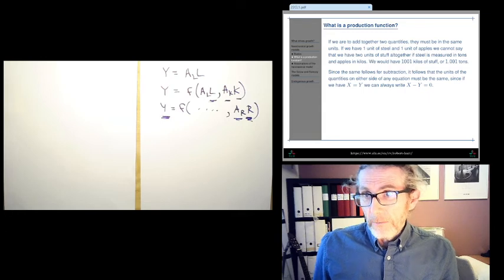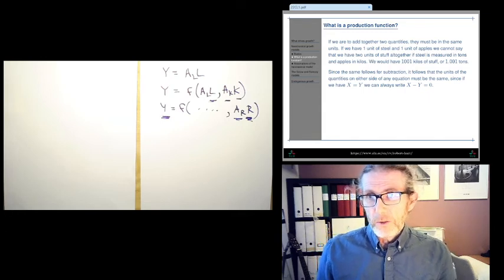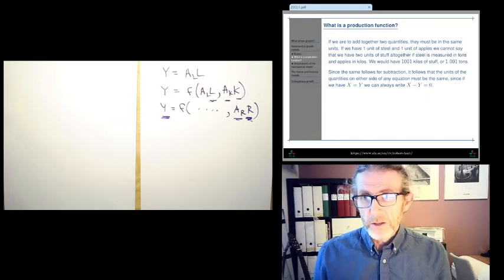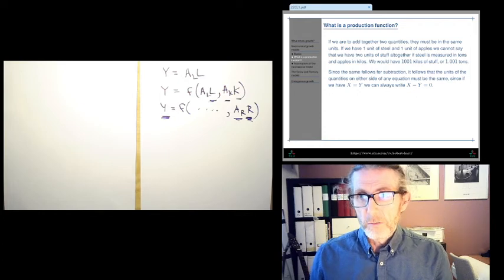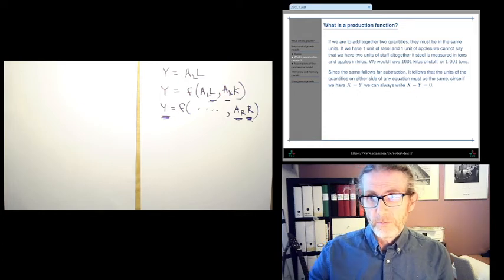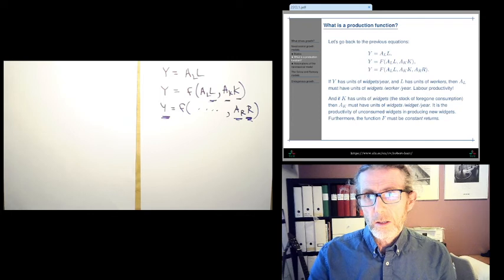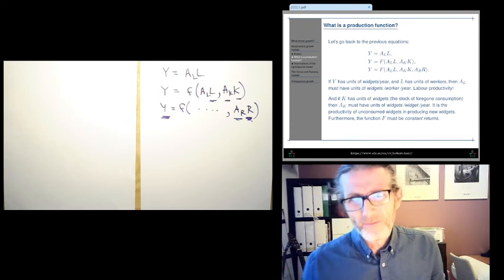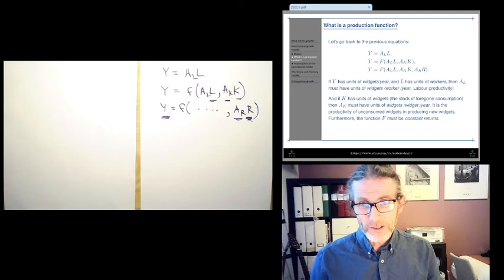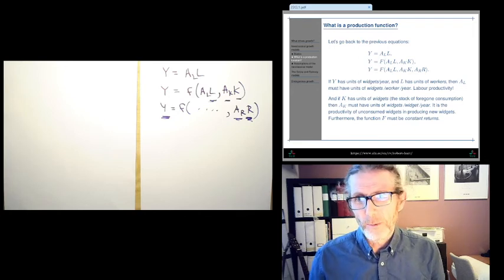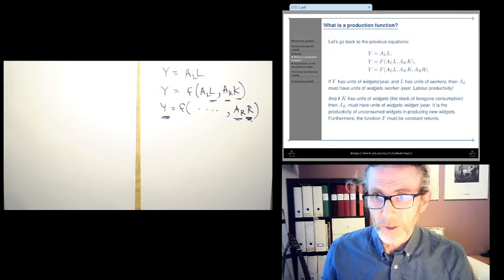Since the same follows for subtraction, the units of quantities on either side of any equation must be the same. This isn't just economics. This is absolute basic natural science, but a lot of economists don't actually think about this. It applies just as well in economics.